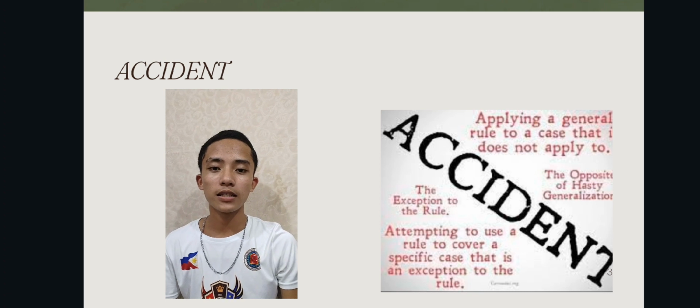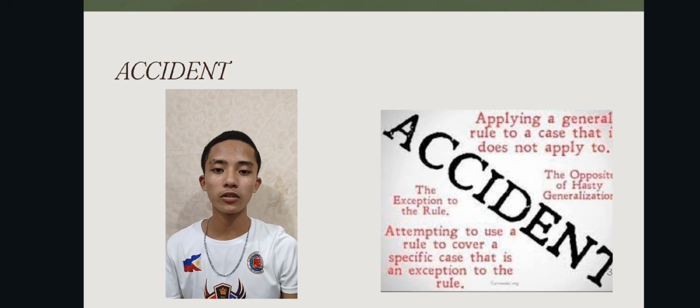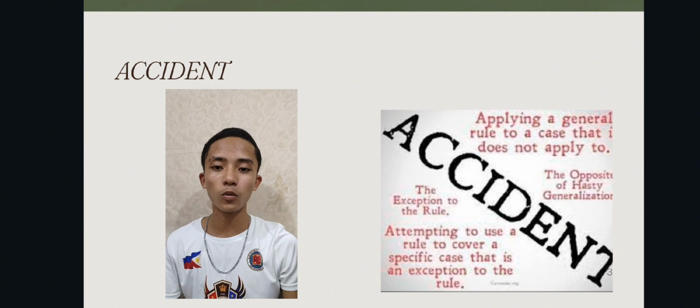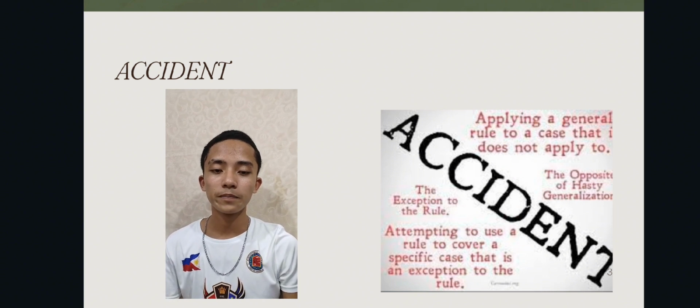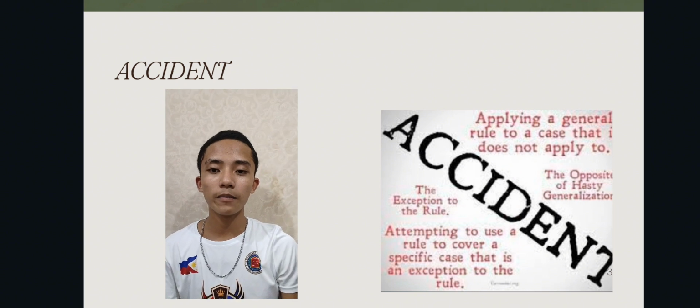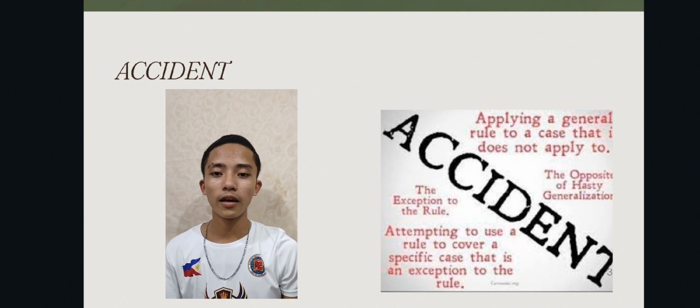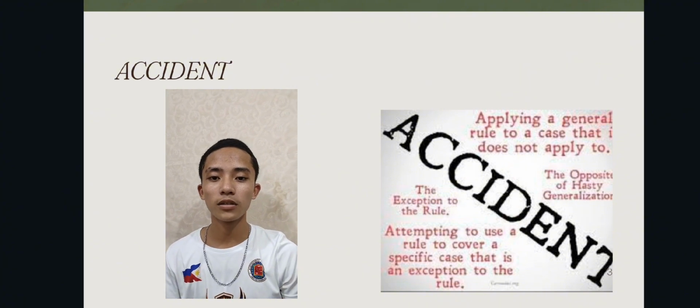The next fallacy is accident. The accident fallacy, also known as the hasty generalization of a special case, occurs when a general rule is applied to a specific case it was not intended to cover. It's like having a rule that says no snacks allowed in the living room and then concluding that a single apple eaten there must be against the rules.